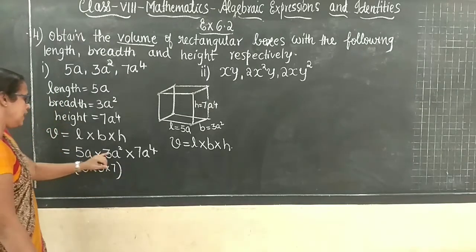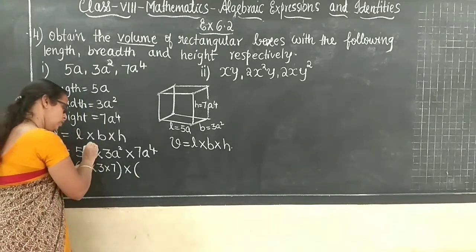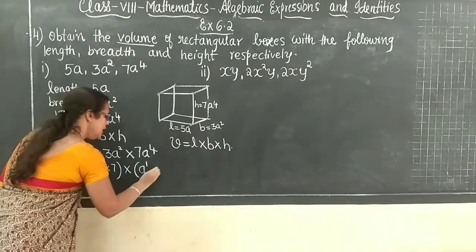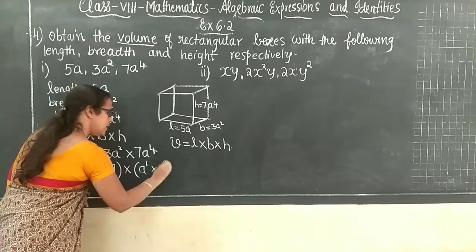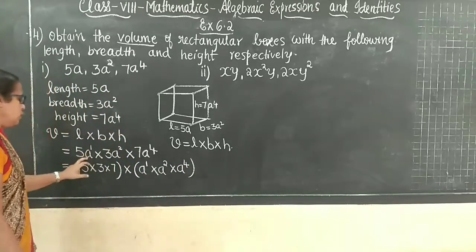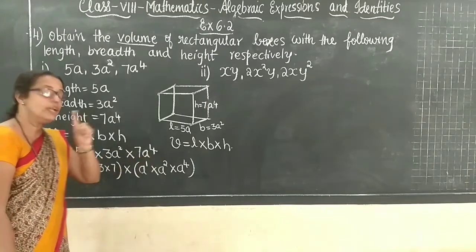Then write all the a's separately. Where there is no power, understand it as 1. So a to the power 1 into a to the power 2 into a to the power 4.